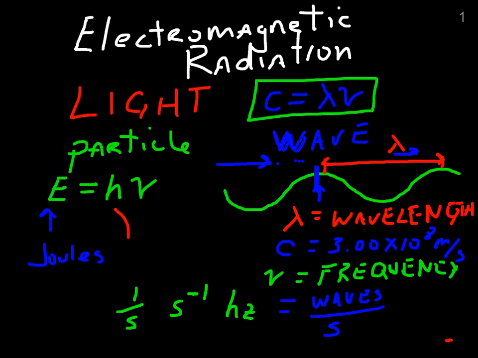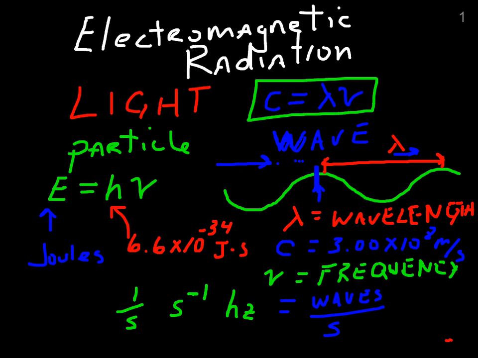h is a new quantity called Planck's constant. It's equal to 6.6 times 10 to the negative 34th joule seconds. If you fiddle around with it, you'll see why frequency is a reciprocal second, because that cancels with the second from Planck's constant when you multiply them together.